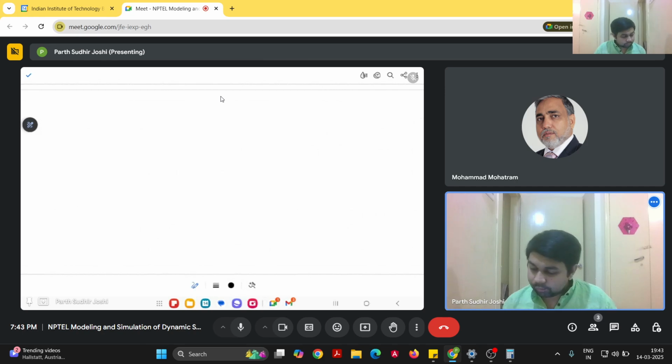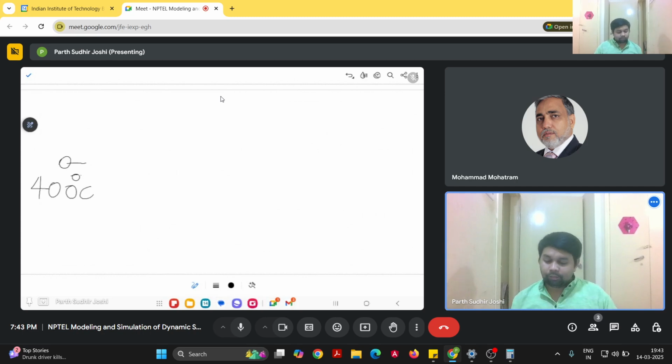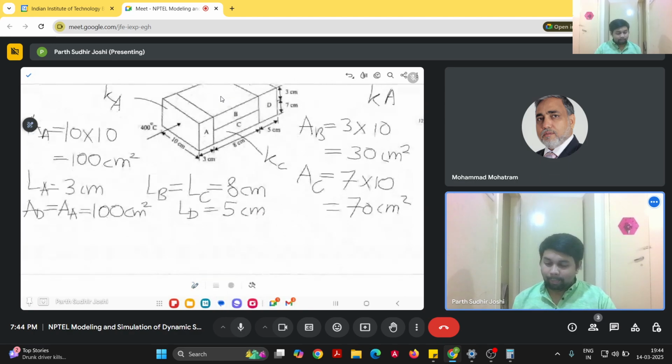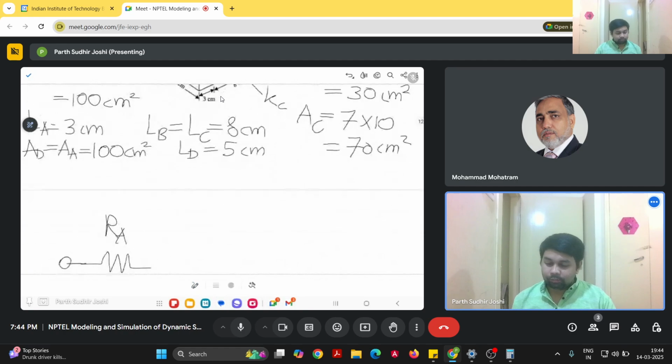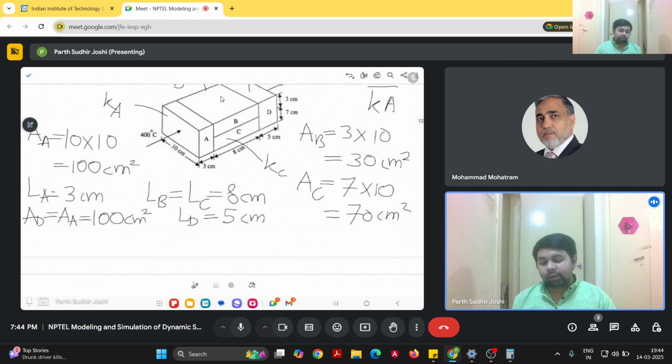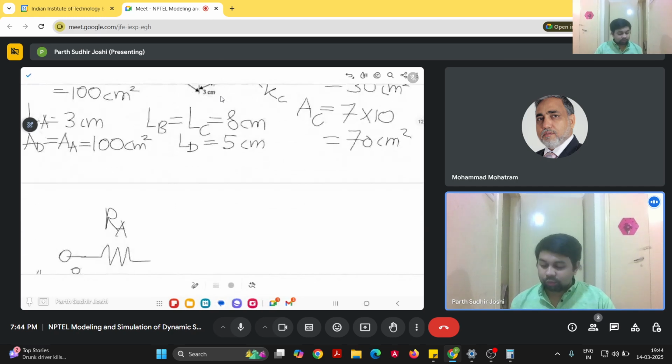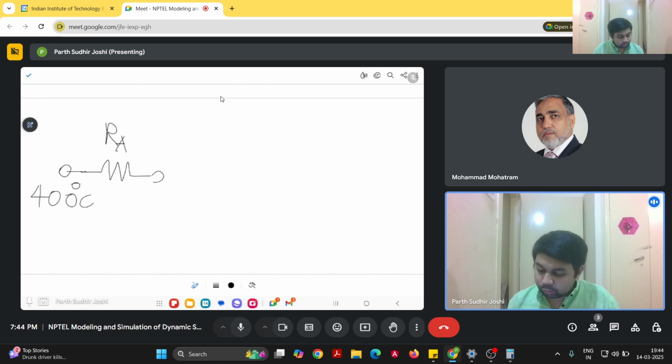So then we can draw an equivalent circuit. Let us say this is our first node, at 400 degrees Celsius, and the first layer is material A, so we can write the resistance as RA. Now the interface between materials A, B, and C we can write as some node.